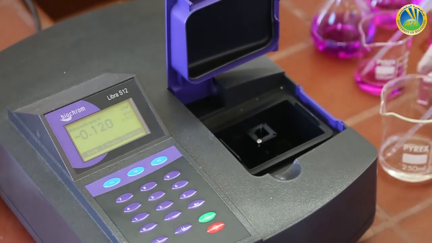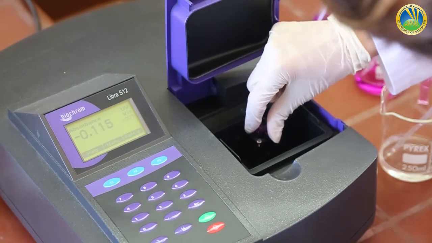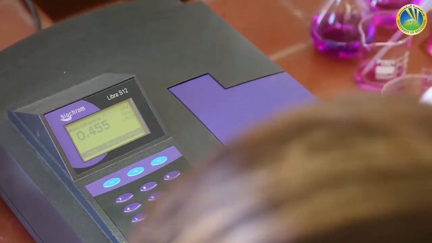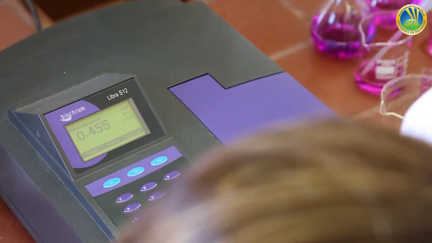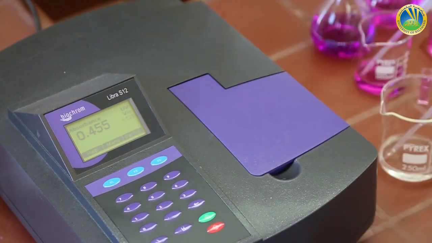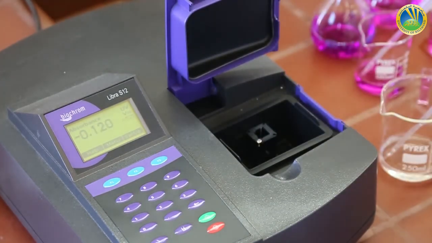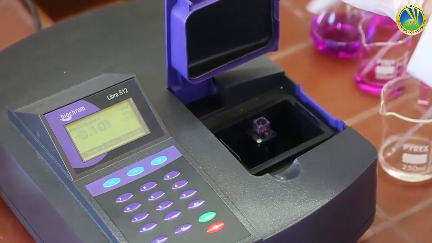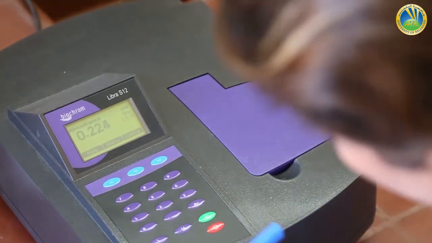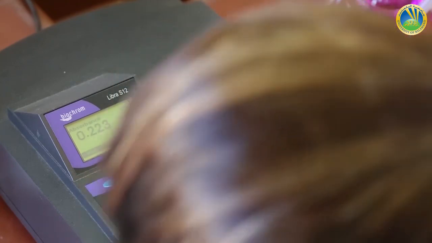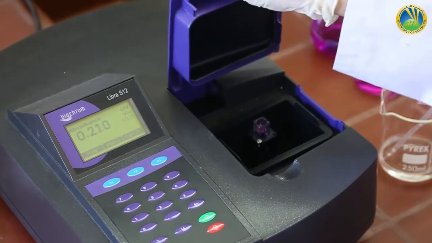Moving to solution B, 0.455 absorbance. Solution C, 0.223 absorbance.